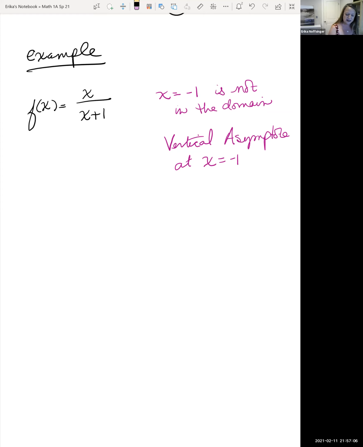And so right here, I can tell that it's discontinuous there. And one of the things that doesn't hold is f of -1. If I looked at f of -1, it doesn't exist, right?